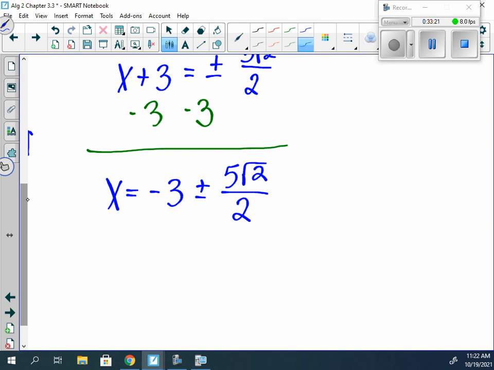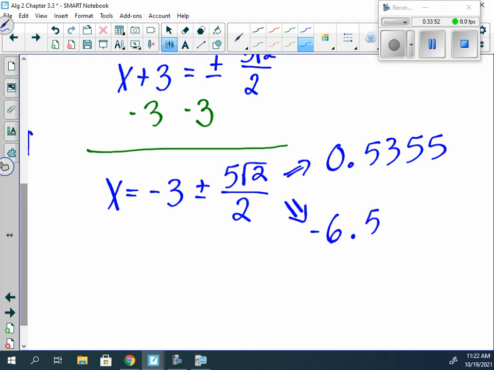Now, if we actually turn this into a decimal, we would get negative 0.5355 or negative 6.5355.